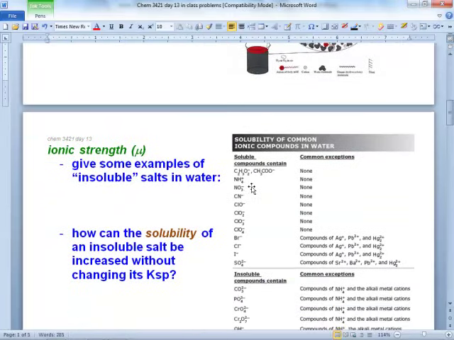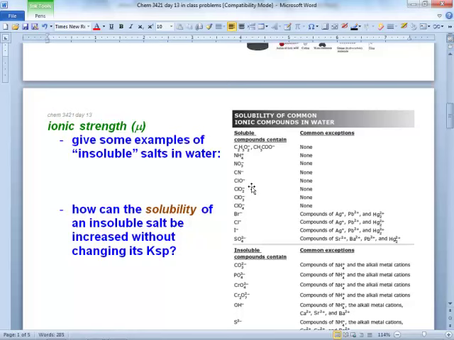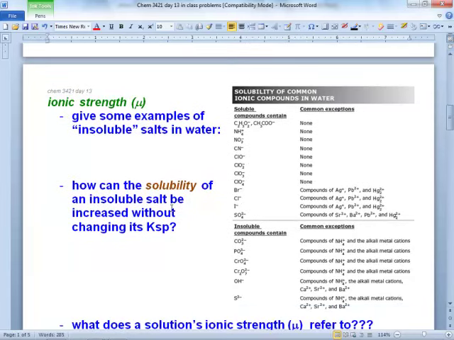Conceptual questions are limitless here. We could ask some questions about this table. I could give you this table and say, give me an example of an insoluble salt. What would be an example of one? What's that? Ca. Okay, you can just pick anything in the insoluble area.